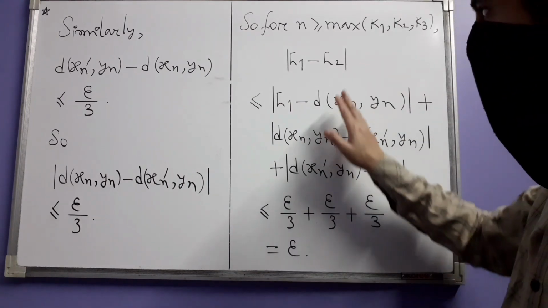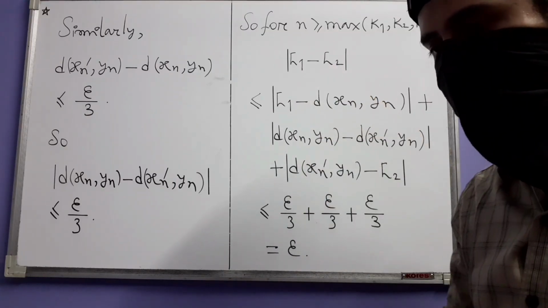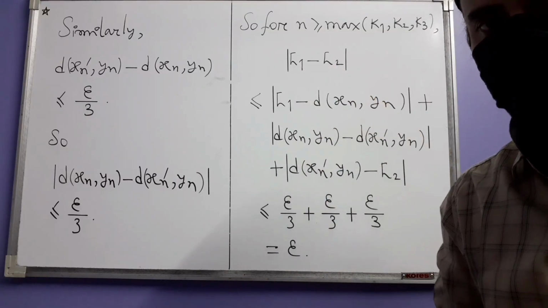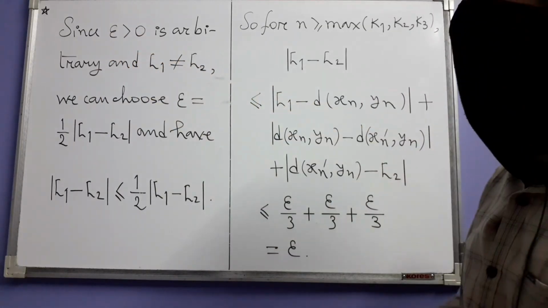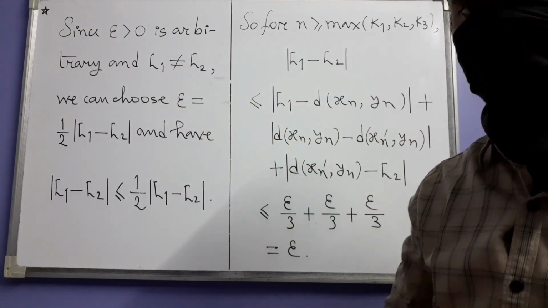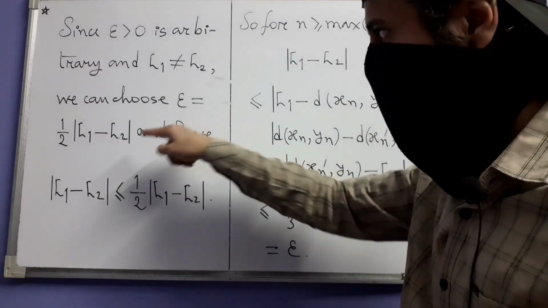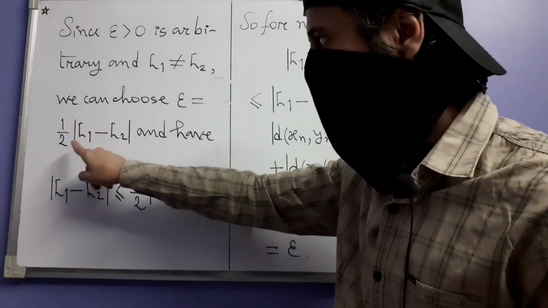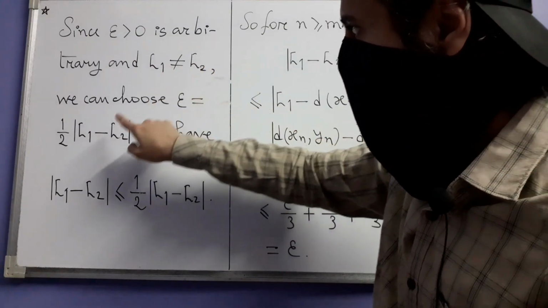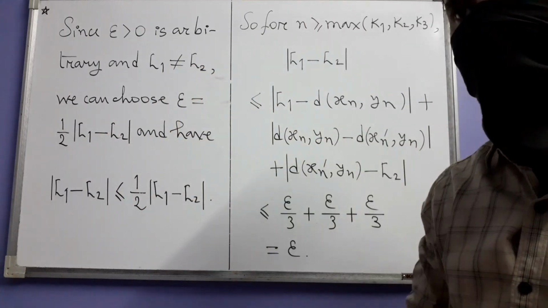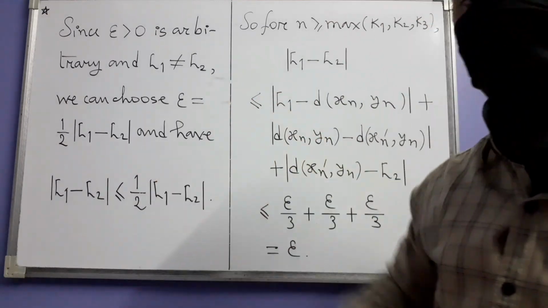Note carefully that although we used n, ultimately this is a fact which is independent of n. Since epsilon is an arbitrary positive number and L1 and L2 according to our supposition are different, we can choose this specific value of epsilon, 1/2 of mod L1 minus L2. This ensures that L1 minus L2 is non-zero, and because we are taking modulus also, this becomes positive.